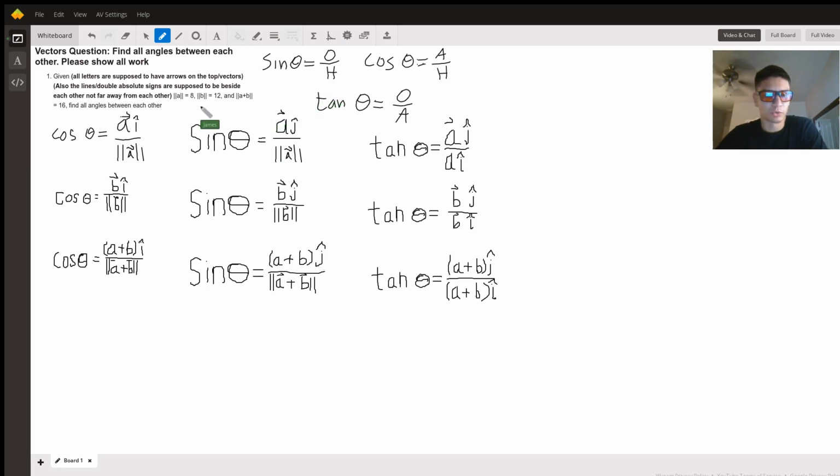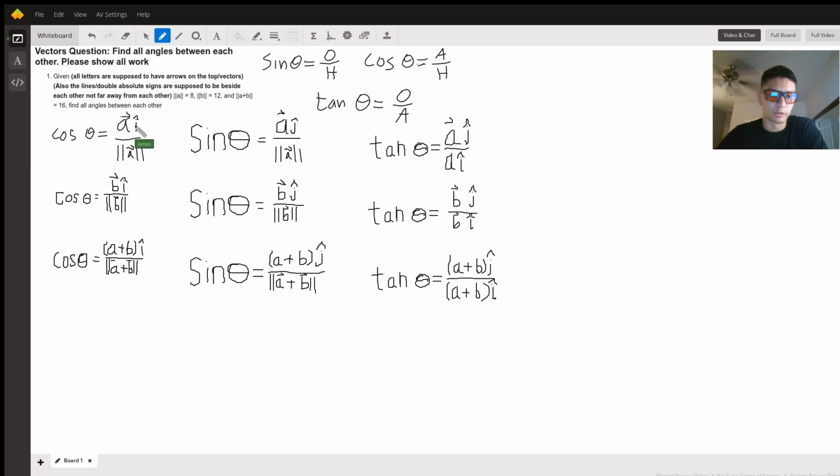So I'm not quite sure if this is going to be the correct answer to the question, but I do know that these formulas right here, sine theta equals opposite over hypotenuse, cosine theta equals adjacent over hypotenuse, and tangent theta equals opposite over adjacent. This is pretty much how it would look for all of the angles if you had the components.